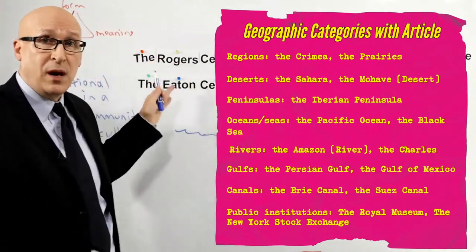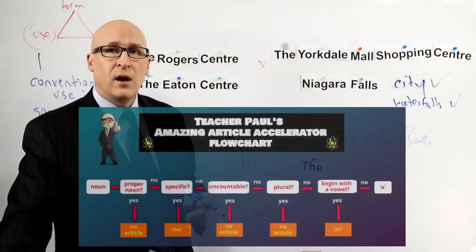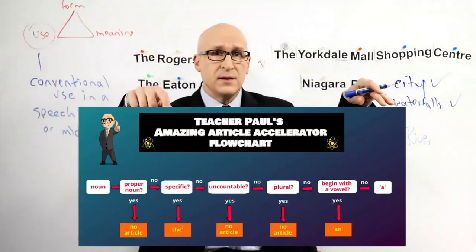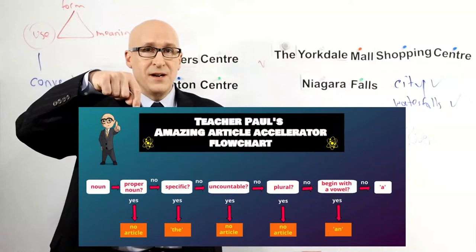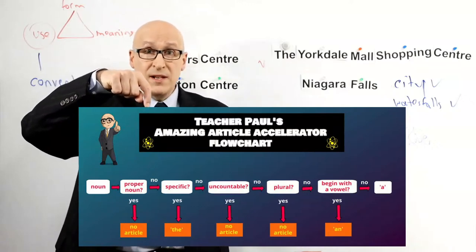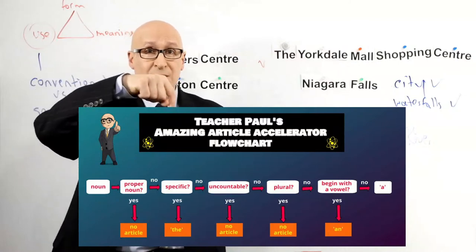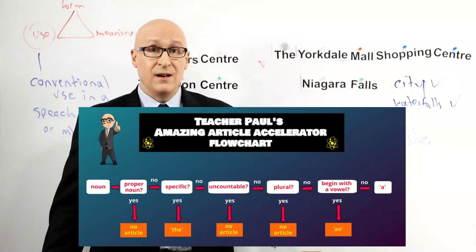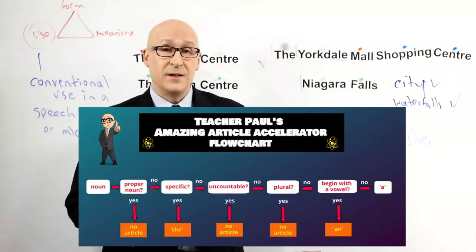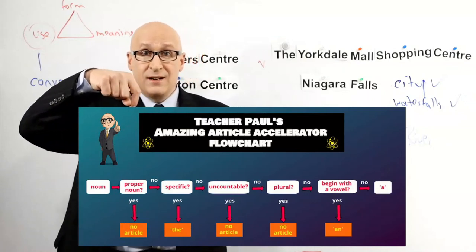What we're talking about here is proper nouns. So when we're talking about articles, this applies to all articles. But the question of whether a proper noun is specific or not, because if it's specific, it's going to get the, right? So it's this little section here that's tricky.